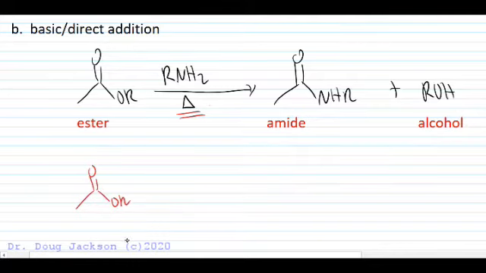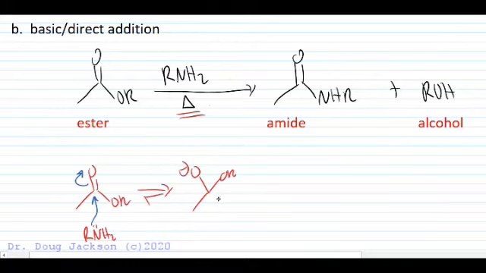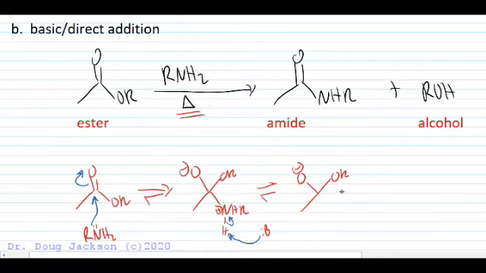And if we do this, take our direct addition, we can now remove this proton from the amine, and at this point the best leaving group is the OR group.